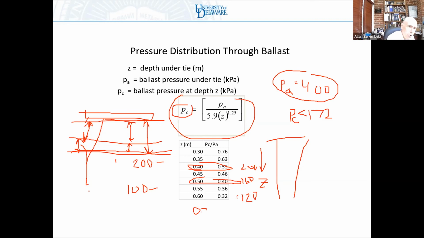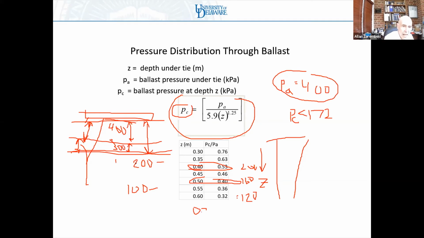So it's cheaper than the top ballast layer, but stronger than the subgrade. Let's say your ballast is good for 400 kilopascals, your subballast is good for 300 kilopascals, and your subgrade is good for 200 kilopascals.